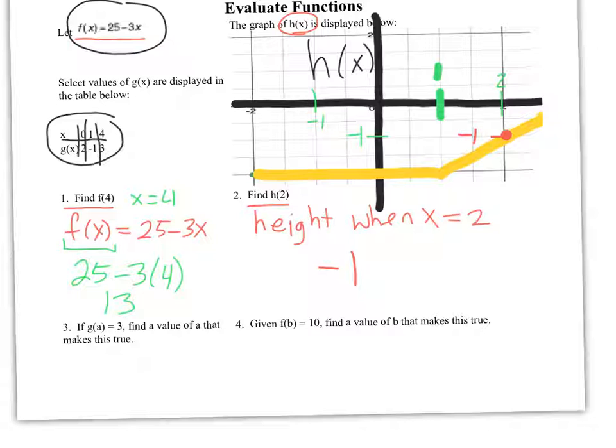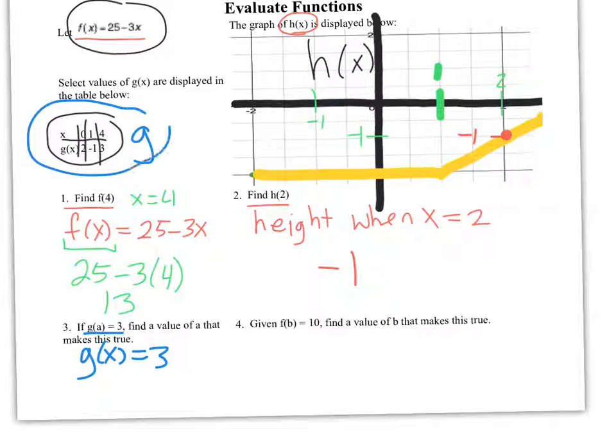For number 3, we're talking about g of a, and I mentioned that you could change this to g of x equals 3. This is not a great way to do things mathematically, but based on where we are in math, that's okay. G is our table, so we're looking at this guy, and if g of x equals 3, that means that the output equals 3, and we want to find a value for x.